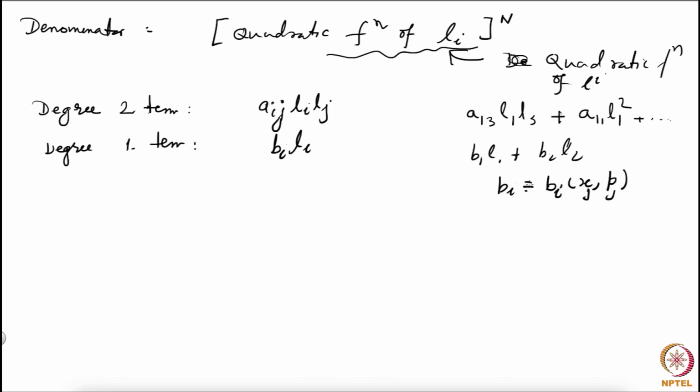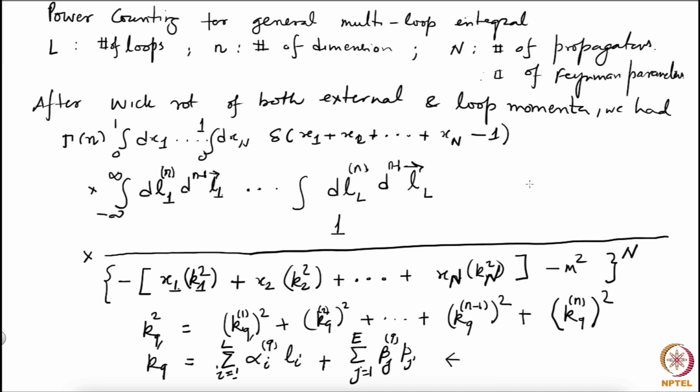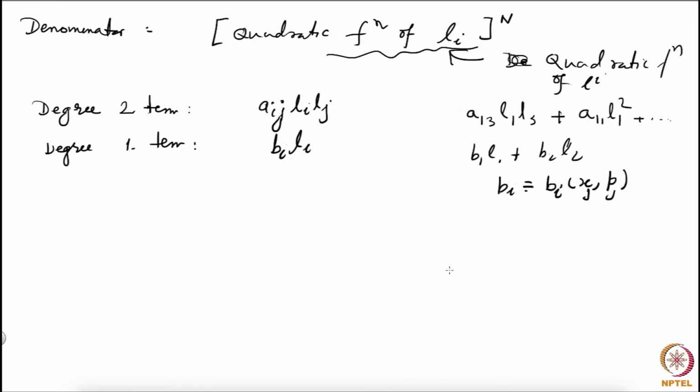So B's will depend on that. You can see from here, there are also x's multiplying. So when you are looking at the sum of these k squares multiplying these x's, the linear terms will also have these p's entering in them and multiplying them, and also the x's, and that is why I'm writing B is a function of x and p.